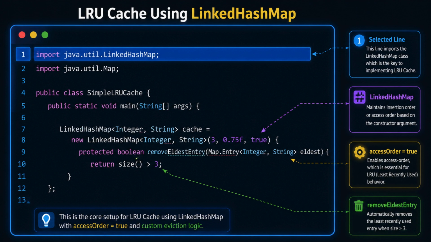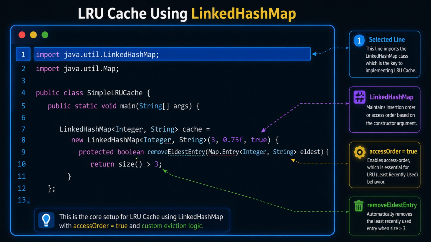I'm going to store it in that way, so I'm putting Integer and String as my data. And I set my variable name as cache is equal to new LinkedHashMap<Integer, String>.